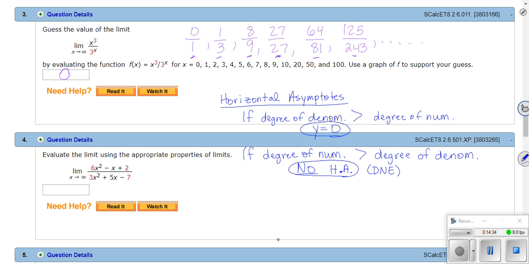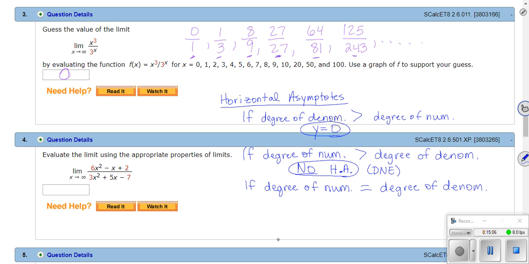Now, here's the last and probably the most important, the most cut and dried one. If the degree of your numerator equals the degree of your denominator, then your horizontal asymptote is the ratio of the leading coefficient of the top over the leading coefficient of the bottom.